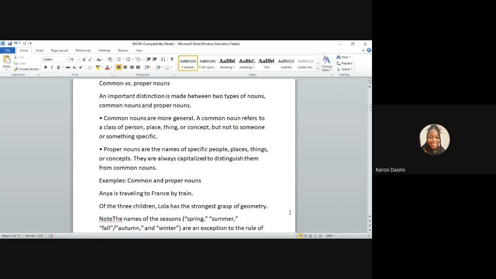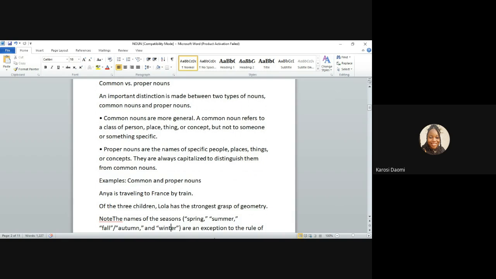Anya is traveling to France by train. Of the three children, Lola has the strongest grasp of geometry. So the first example here, try to identify the proper nouns.